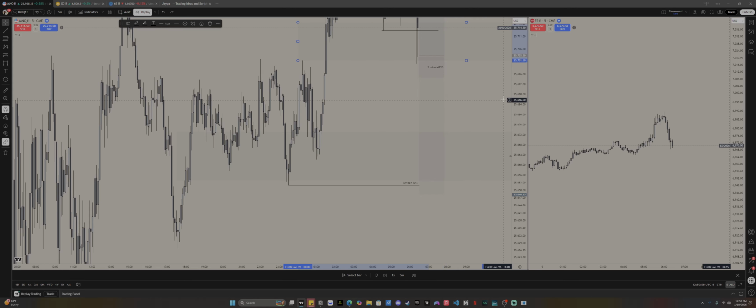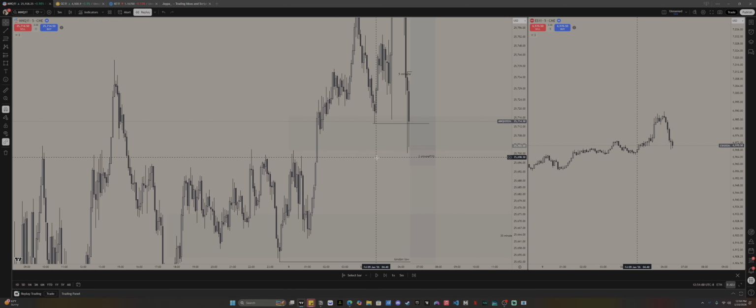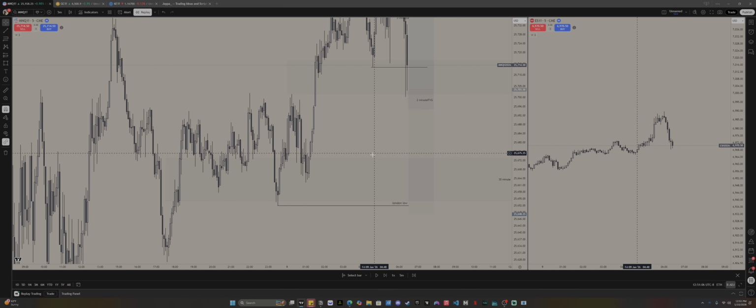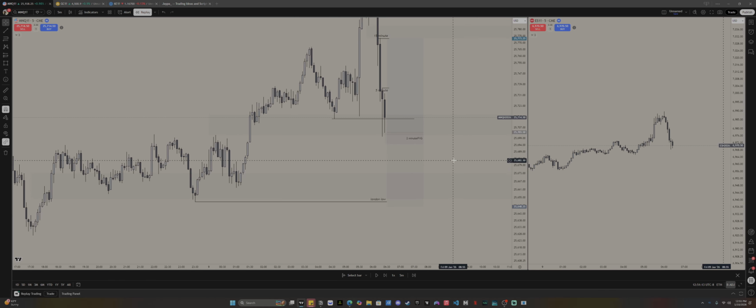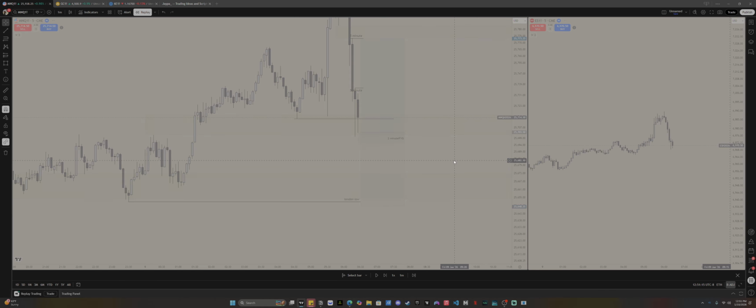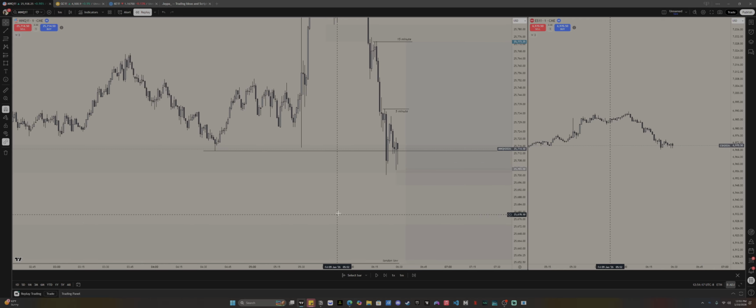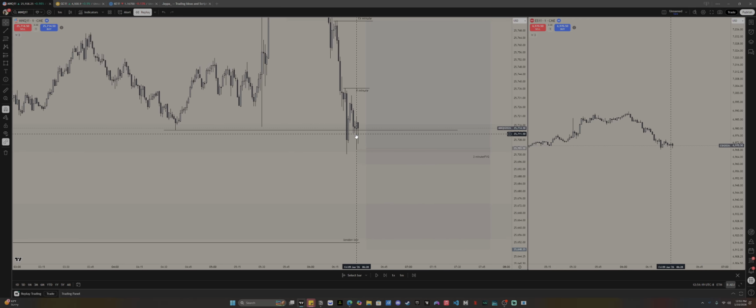So going into the morning, I'm just waiting for price to reach these spots. Either this low, if a long setup wants to occur right here, then I would take it, or if we bounce from London low, then I'd see if longs want to set up from there. I just let price play out until it gets to these points where I could see longs from. So right here, I'm looking for longs at market open.